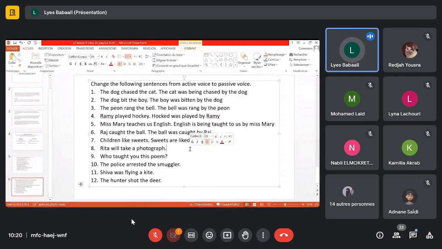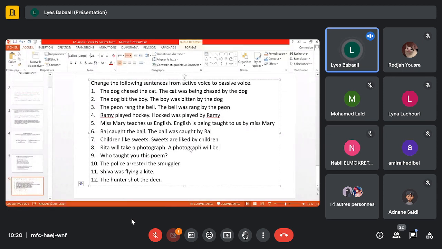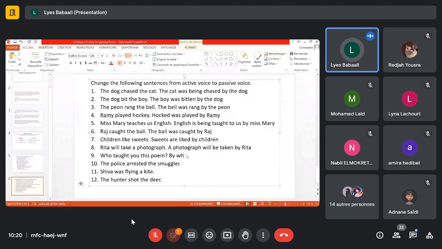Rita will take a photograph. A photograph will be taken by Rita. Who taught you this poem? By whom have you been taught this poem?